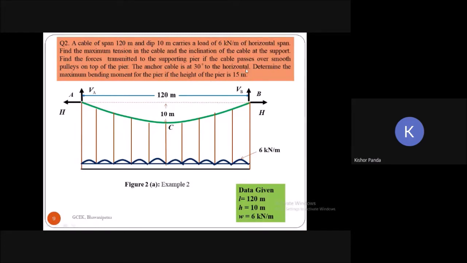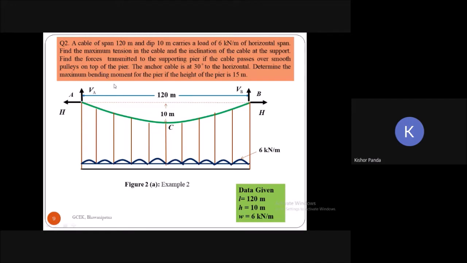Here also you have to find out the moment at the bottom of the pier, because the height of the pier is given. You have to find out the maximum tension in the cable and the inclination of the cable at the support, and also the forces transmitted to the supporting pier if the cable passes over a smooth pulley on top of the pier.